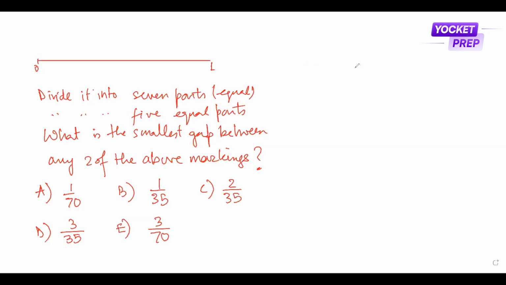What made you think that 1/5 minus 1/7 will give you the least gap? Because both of them are the least. Can't it be possible that two in-between numbers, those fractions in between, are actually closer than how close 1/5 and 1/7 are? There is a possibility, right?